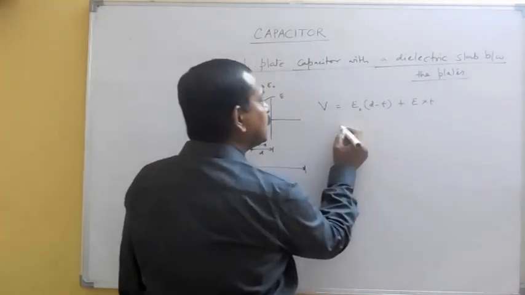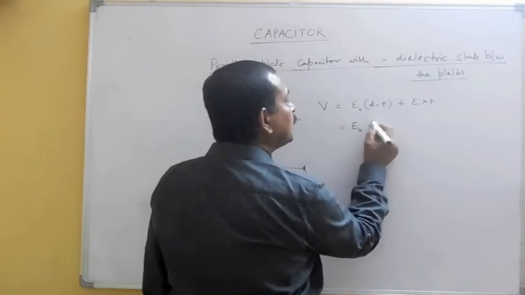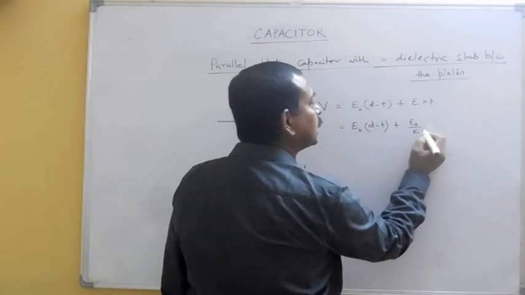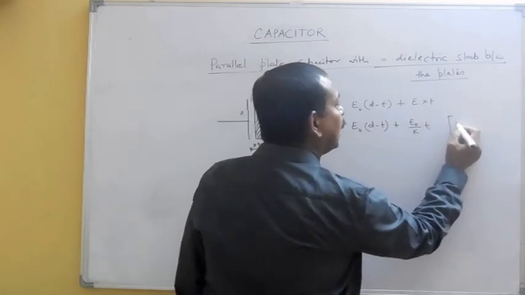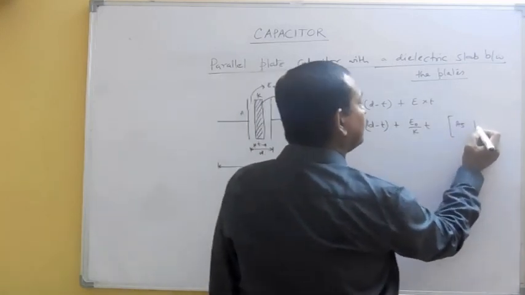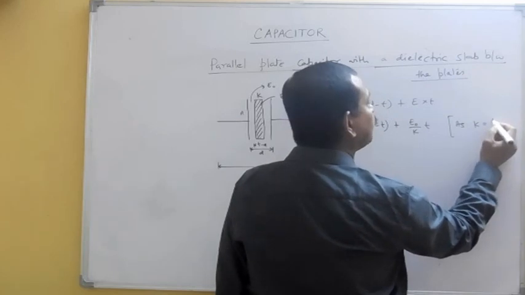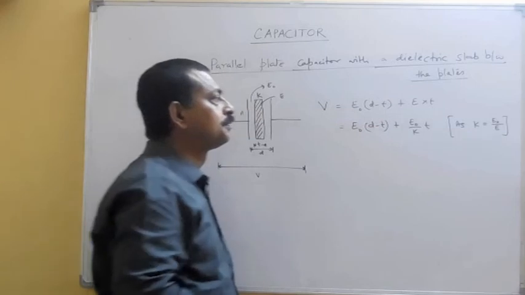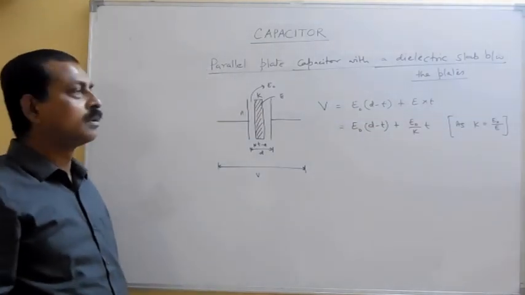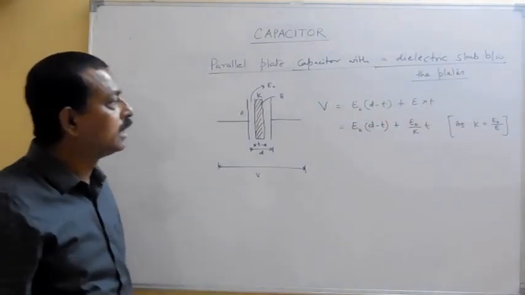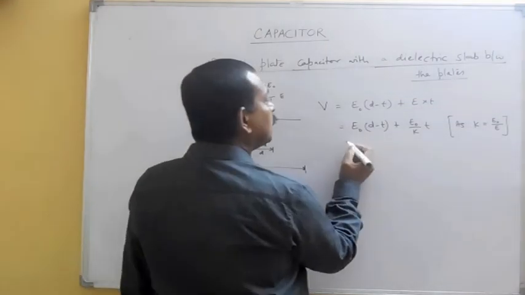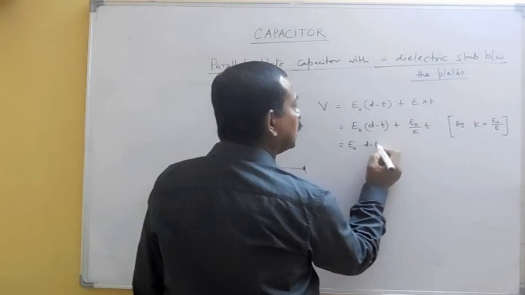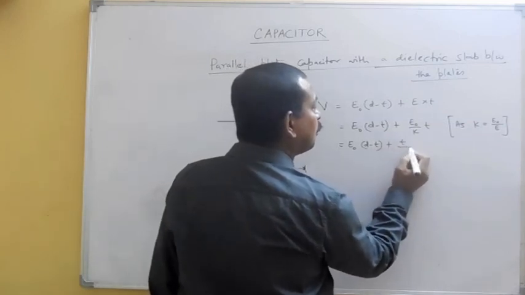So this can be written as E naught times d minus t plus E naught by K into t, as K is E naught by E. Okay. So here, this E naught, we can again take outside.